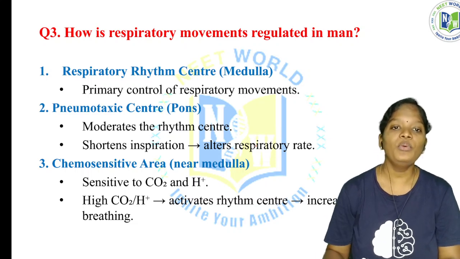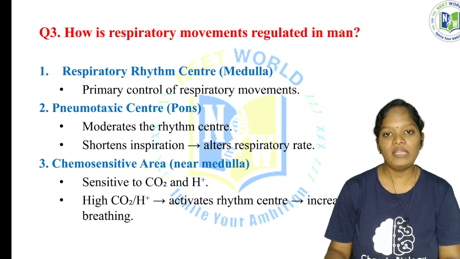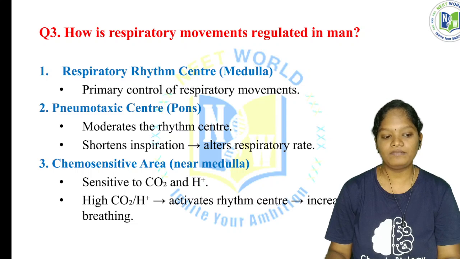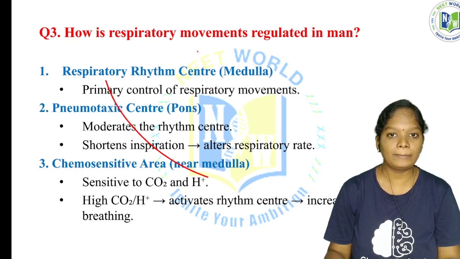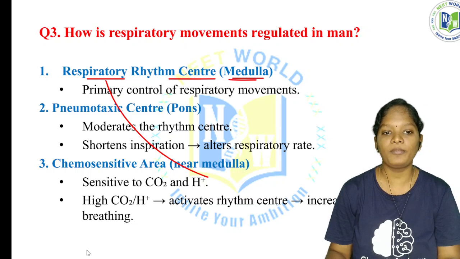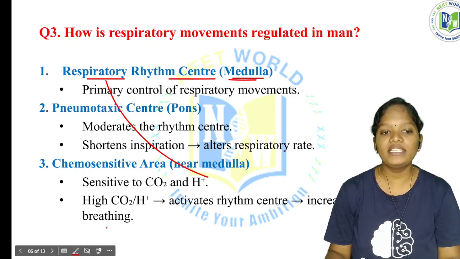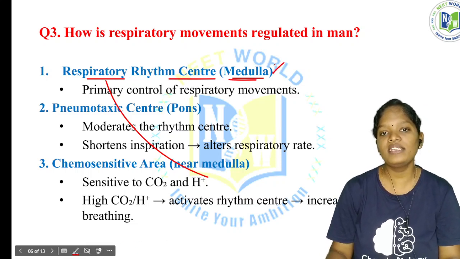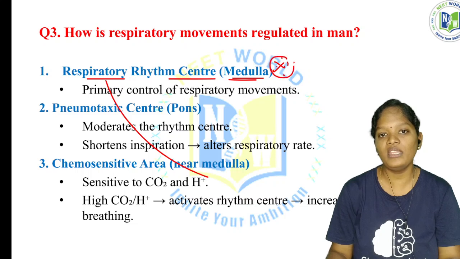Now, how are the respiratory movements regulated in man? The first step is the respiratory rhythm center, that is the medulla. This is a very important point.